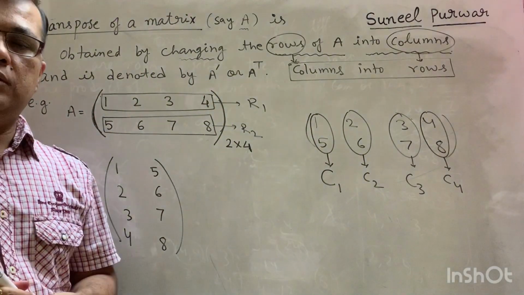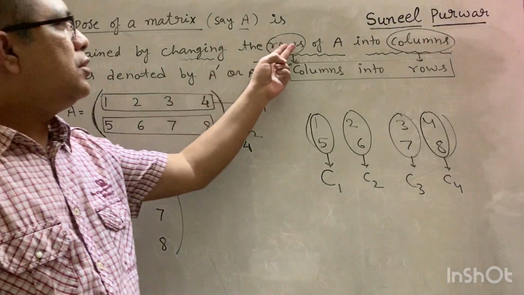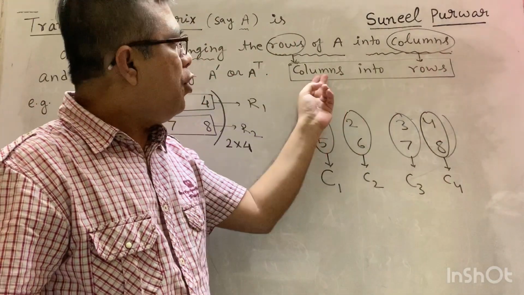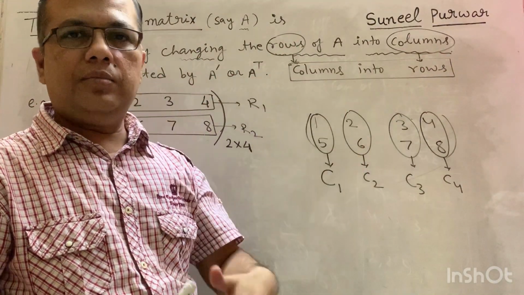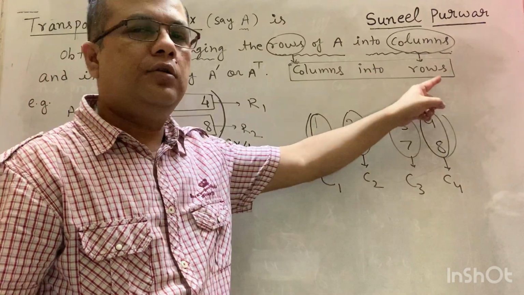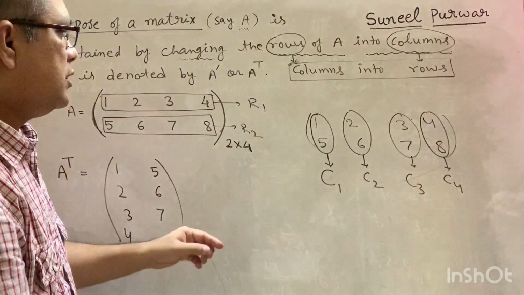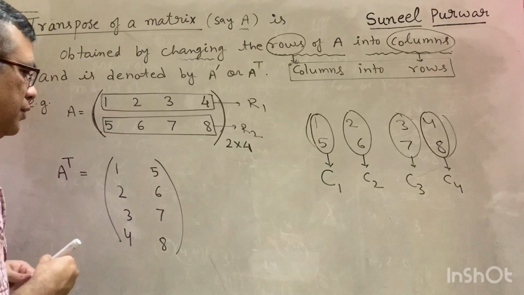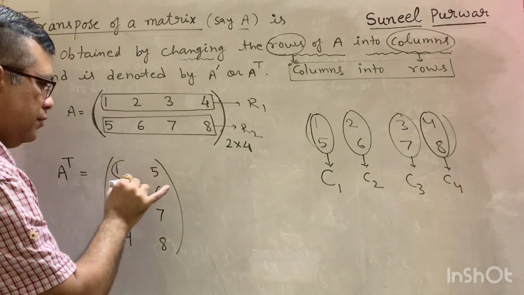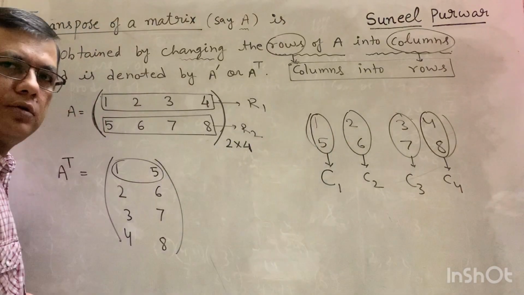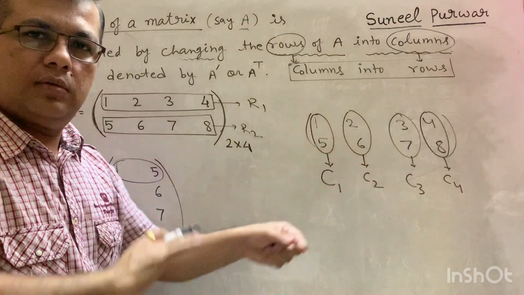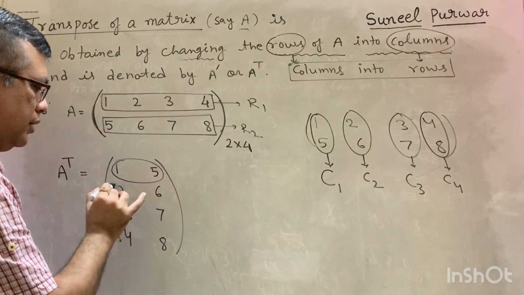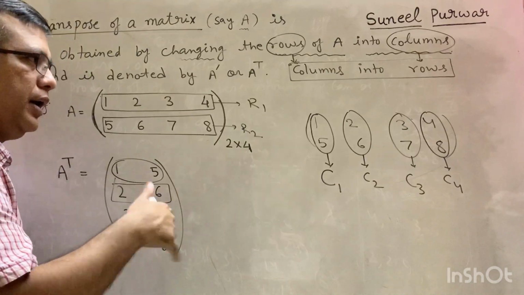In fact, the truth is, when you convert rows of A into columns, columns automatically get converted into rows. You see, this was the first column, 1 5. It has become the first row, 1 comma 5. Second column 2 6 has become the second row. Can you see that? And so on.